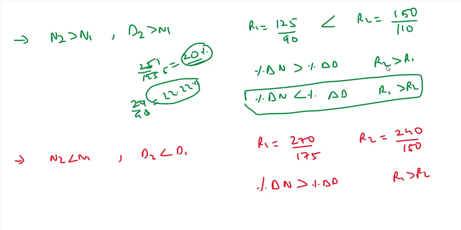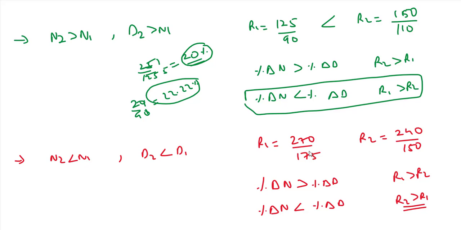And in case your percentage decrease in the numerator is less than the percentage decrease in the denominator, your R2 will be bigger than R1. In the third case, when the percentage increase in the numerator was less than the percentage increase in the denominator, R1 was bigger than R2. Whereas in this case, when the percentage decrease in the numerator is less than the percentage decrease in the denominator, your R2 is greater than R1.